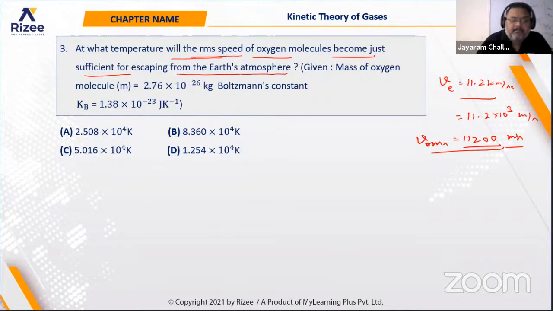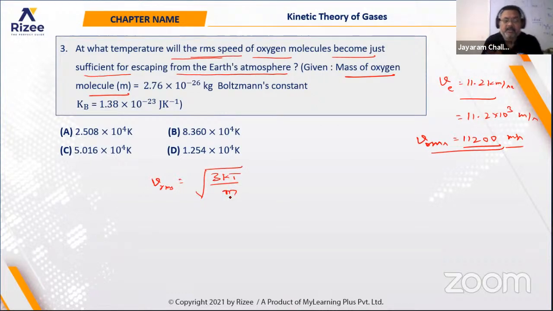VRMS he has given. Boltzmann constant also he has given. Mass of the oxygen molecule he has also given, small m. And what is the leftover thing he is asking? What is the temperature, how much. So VRMS is equal to root over 3 into Boltzmann constant into temperature by small m. He has given everything. So from this one, just write the temperature T is equal to how much? T is equal to VRMS square into m by 3 into K, the Boltzmann constant.